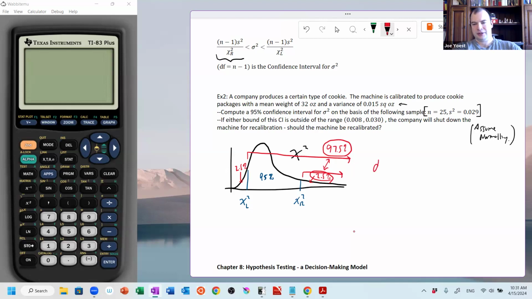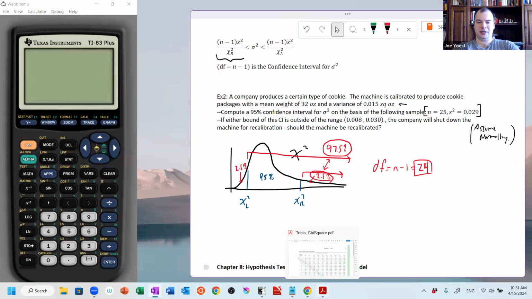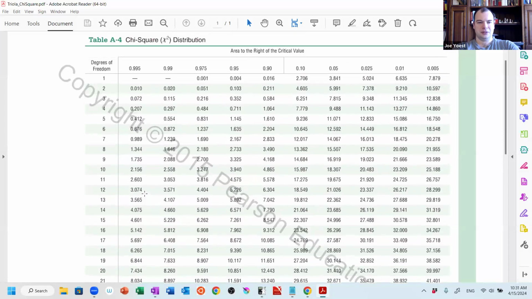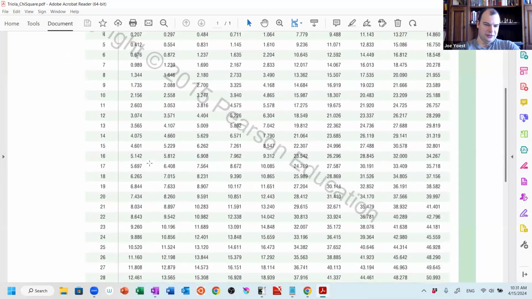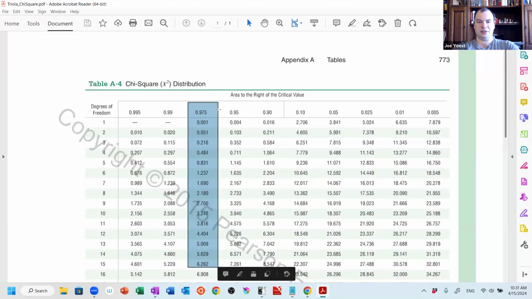And I know my degrees of freedom is n minus 1, or 25 minus 1 is 24. So I need 24 degrees of freedom and then 97.5 and 2.5% areas to the right. So if I keep scrolling down to 24, I can't quite see the top column, but I do note that 97.5% area to the right is the middle of the left half of the table.